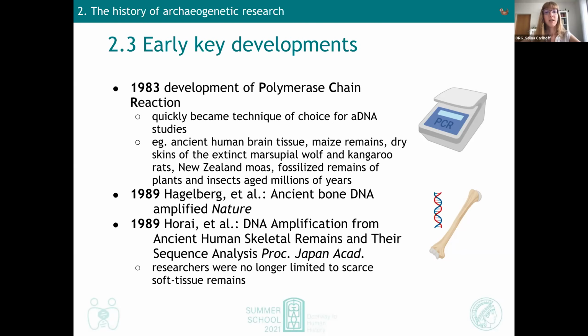And this enabled extraction of ancient DNA from ancient human brain tissue, the dried skins of extinct species from Australia or New Zealand, and also from the fossilized remains of plants and insects.